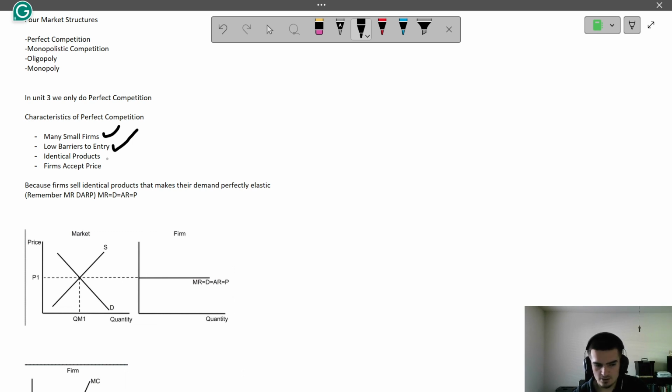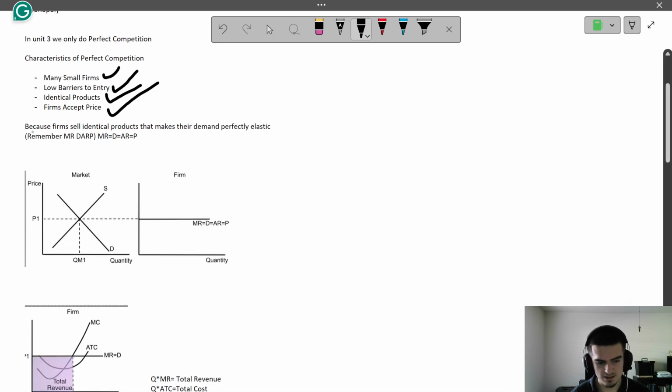The product is identical. And firms accepting price is another way to say that the price is standardized. So no matter where you go, the gas station is going to be about the same price. They aren't going to charge different prices at different gas stations. Maybe 1 cent or 2 cent differences, but it's about the same price everywhere.